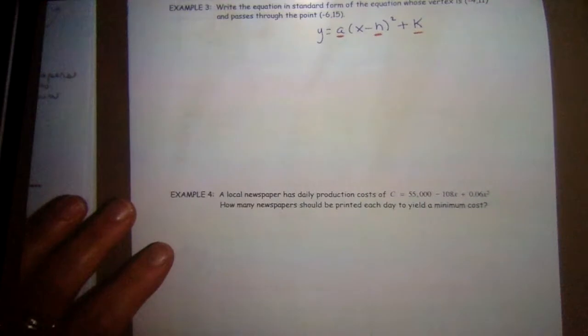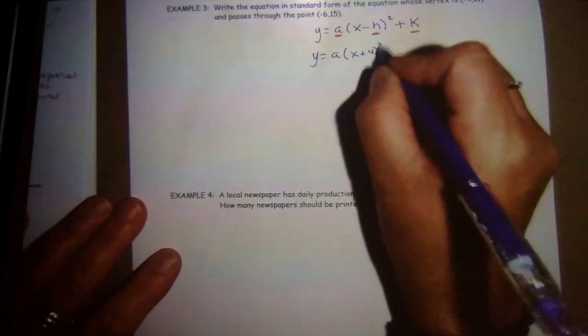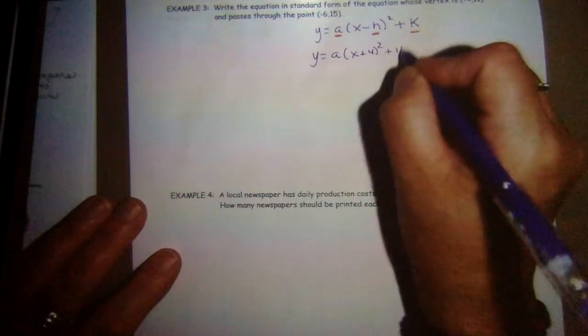The y and the x's will not change when we go to write my equation. So what do we know here? We know h and we know k. H is negative 4, this becomes plus 4, plus 11.